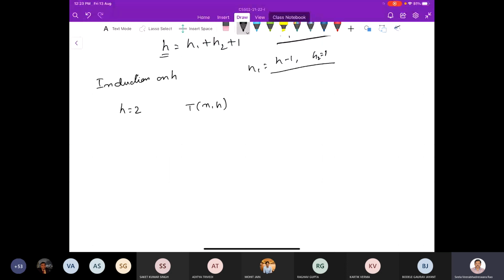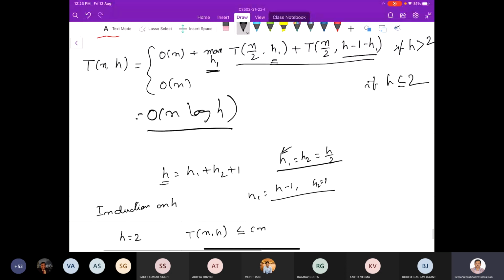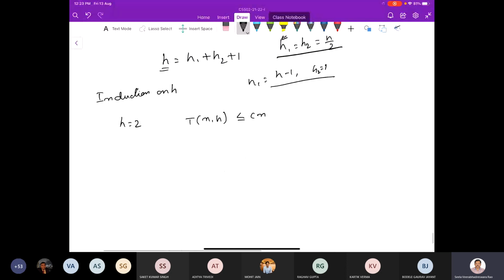This is the second part of the recurrence: it's some constant c times n, which is less than or equal to c times n log n, for h equal to 2. So the basis is clear.